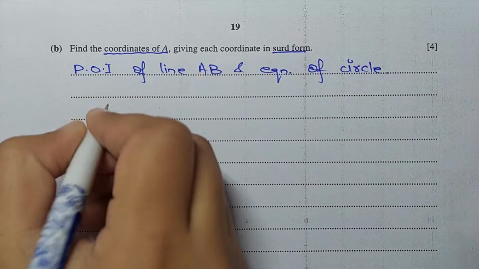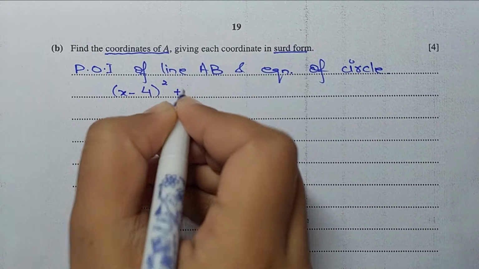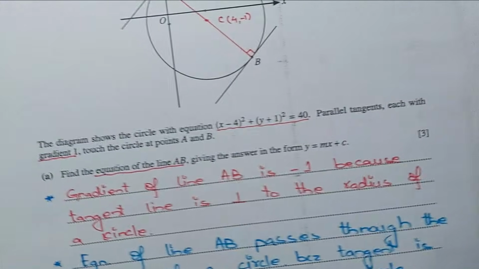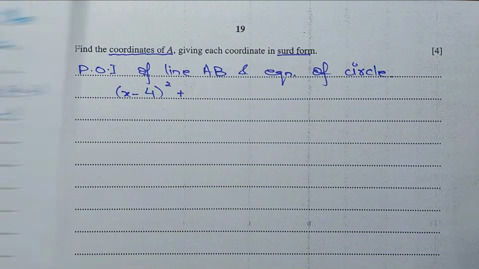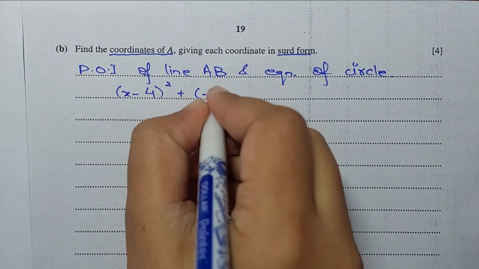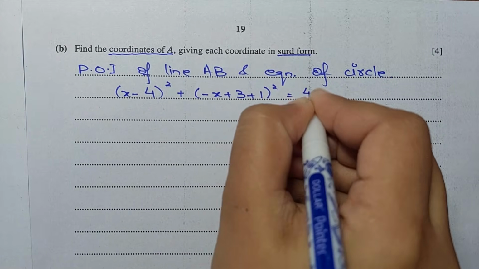Okay, so the equation of circle is x minus 4 whole square plus y plus 1 whole square. You can see x minus 4 and y plus 1. So just substitute the y value with minus x plus 3. So the y value is minus x plus 3, and plus 1 whole square equals 40.